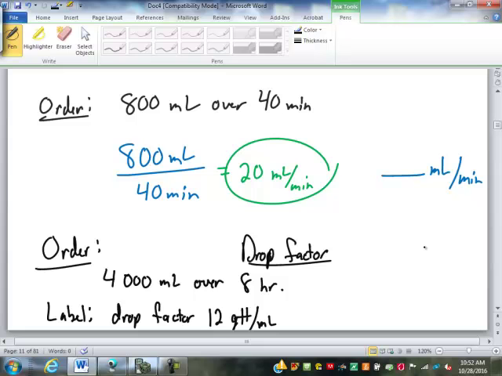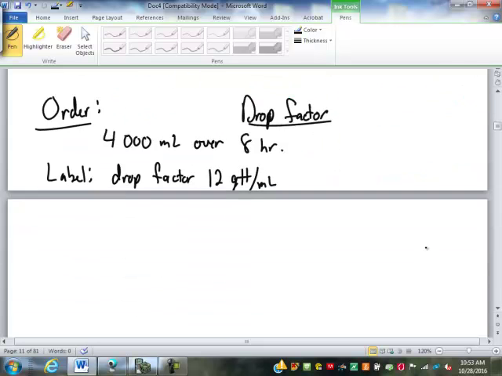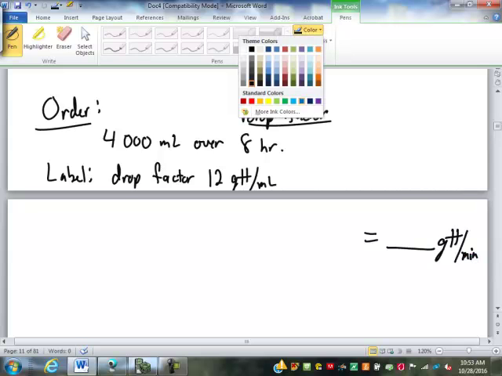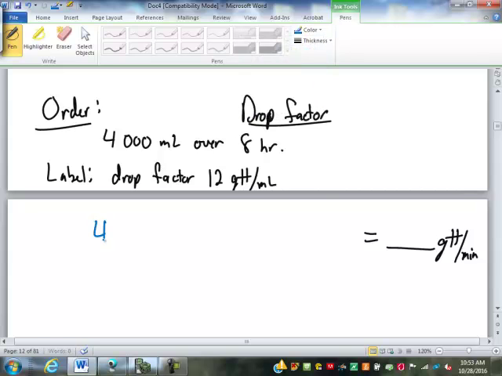GTT is, again, our abbreviation for drops. And we want to know our flow rate in drops per minute. So 4,000 milliliters over 8 hours.